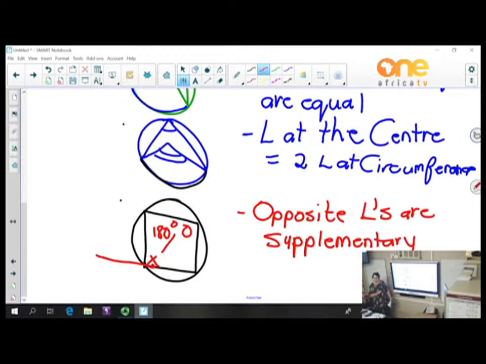Can you see that this is again an exterior angle? This exterior angle is equal to the opposite interior angle. Obviously, if these two are 180 and these two are also 180, they must be equal. So the exterior angle is equal to the opposite angle.